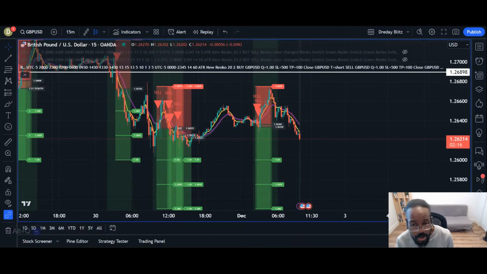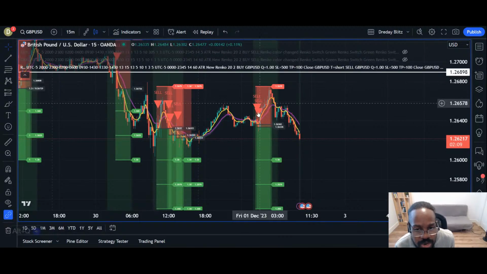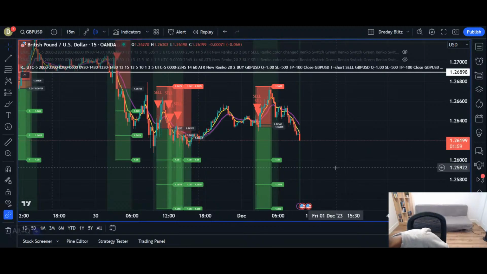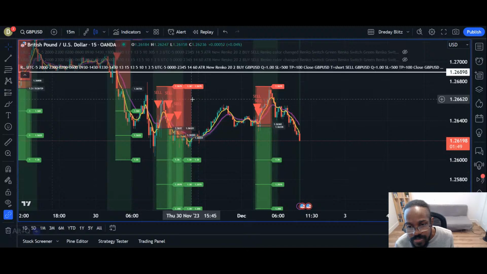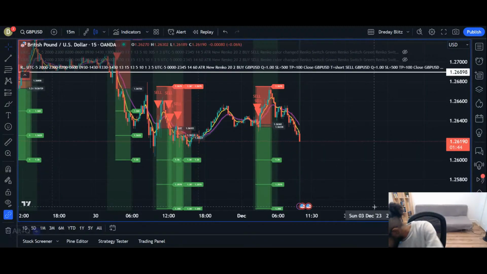Seven of them are all winners. And right now I'm waiting for the last one to close. So that'll be this trade right here. That is for a short. And right now it's really pushing down, and should be almost at the 10 pips. And I'll show you guys exactly the results. Yep, so it just closed in profit.